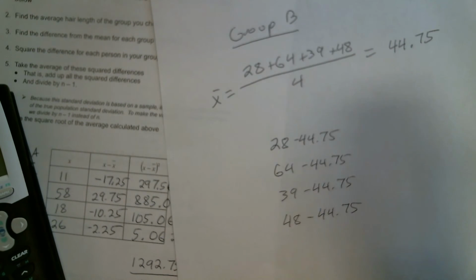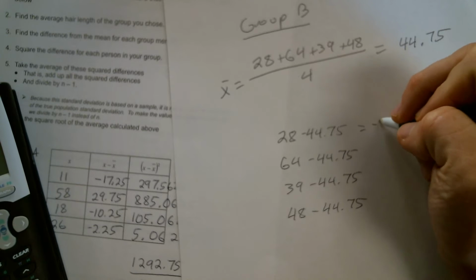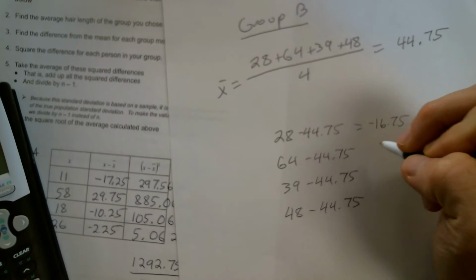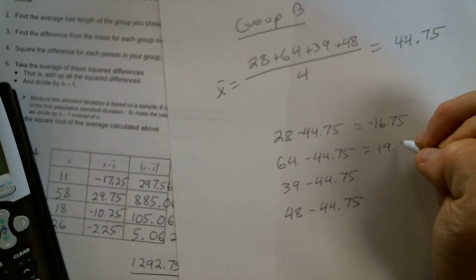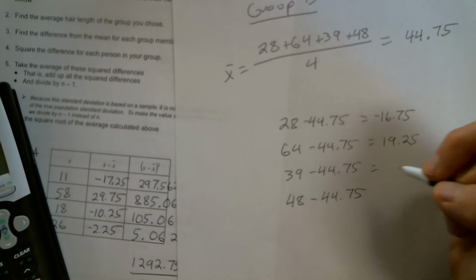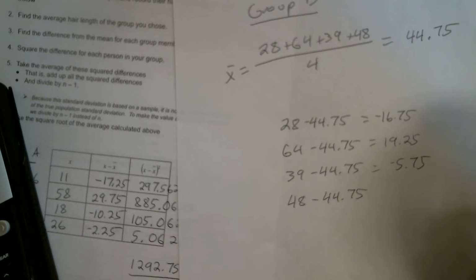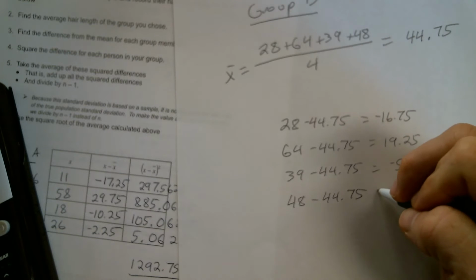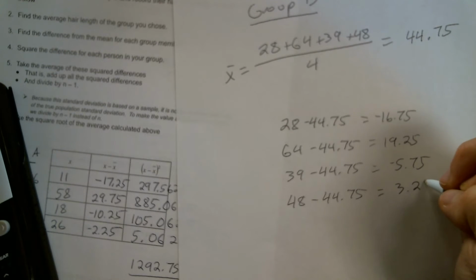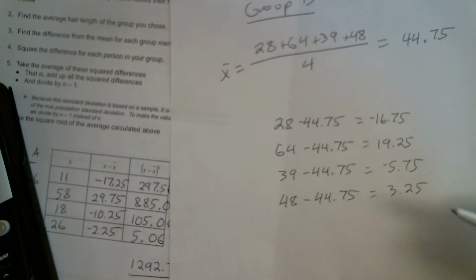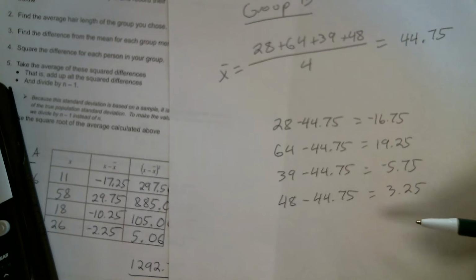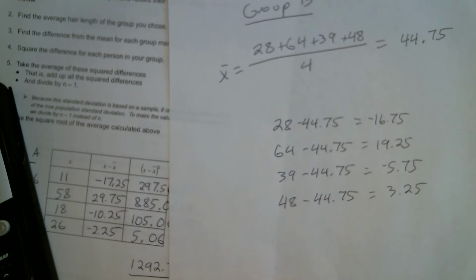All right, and this one would work out to be negative 16.75, 19.25, negative 5.75, and last but not least, 3.25. Now, again, we can't just average these together because then positives and negatives would cancel out.